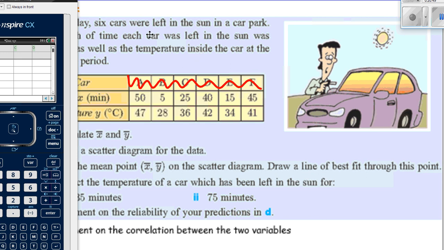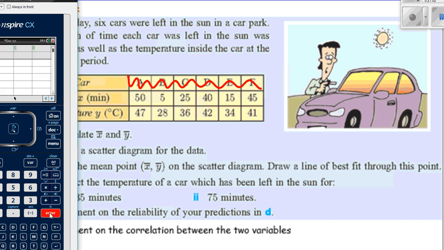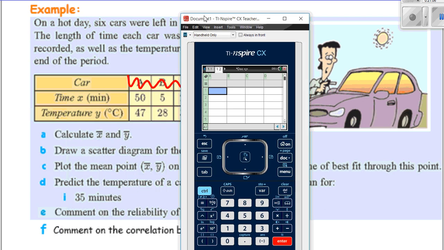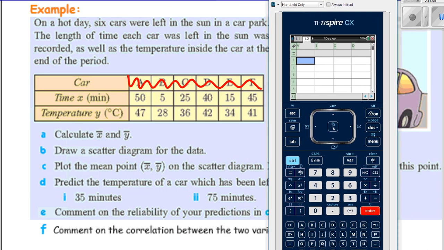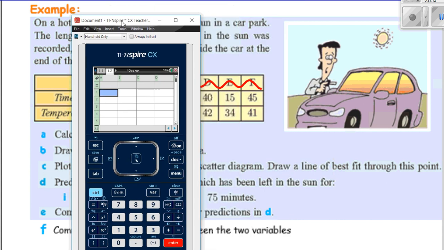So you go to on, and we want to do a spreadsheet, don't we? So you might want to go across. I'm already on spreadsheet, so you can see spreadsheet is about here. Select that and open up a spreadsheet, and notice that our x value is called time. We know it's time and temperature, great.